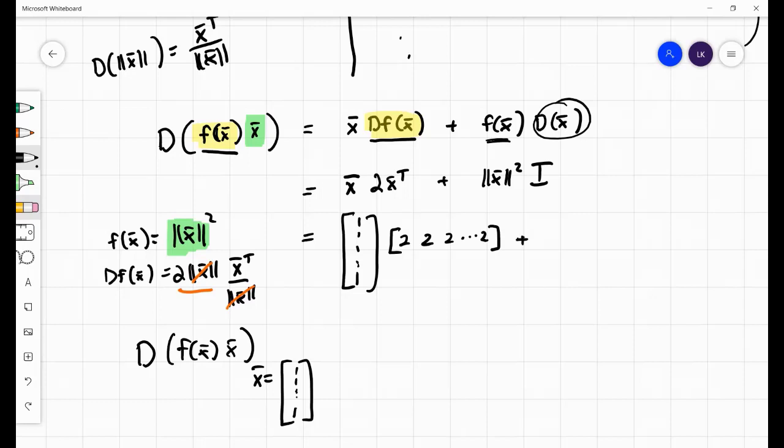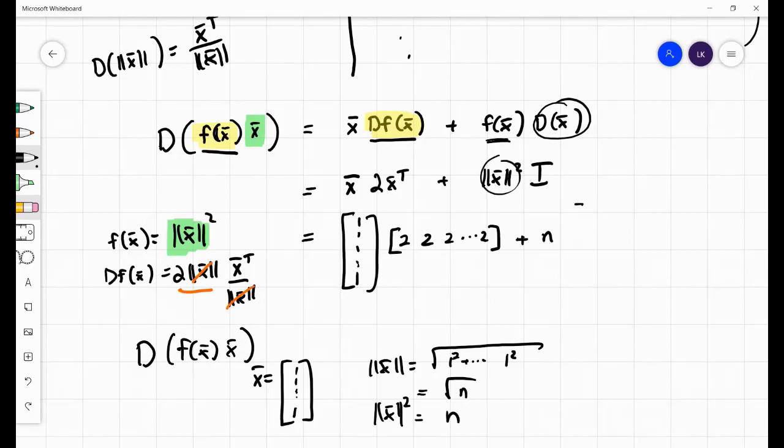And this is the magnitude of x squared. So what's the magnitude of x? Well, we have n components, all of which are 1, so that's going to be square root of n. So the magnitude squared is just n. So this becomes n, and this is the identity.